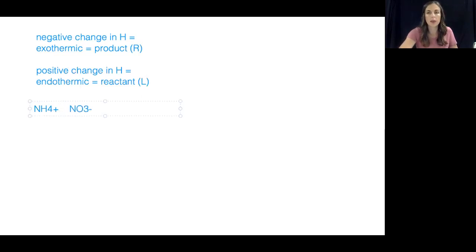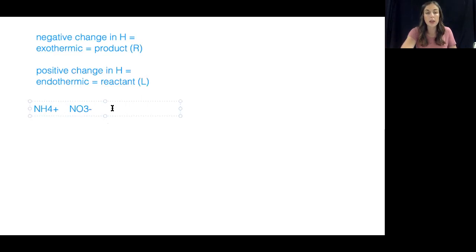Let's separate these a little bit. Okay, so if we were to put them together, ammonium nitrate, which is what we're forming, then we're just going to have NH4NO3. That's going to be our product because it's a formation reaction, and formation means we're forming one product. Okay, so I know my product is going to be NH4NO3.